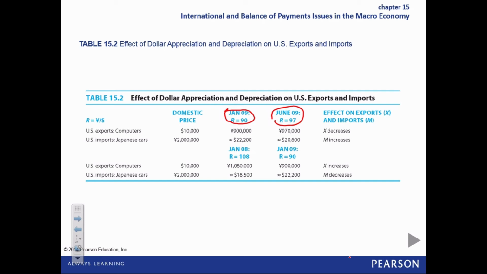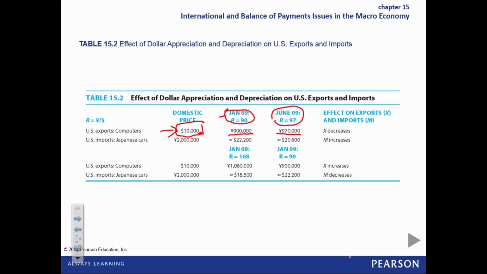So a US computer, which is $10,000, for a Japanese to purchase that would have meant in January of 09, 900,000 yen. In June, the same $10,000 computer is now 970,000 yen. So without any change in the price of that computer in US dollar, for the Japanese it is now costing 70,000 yen more for the same computer.